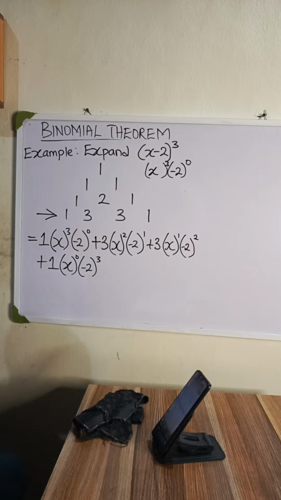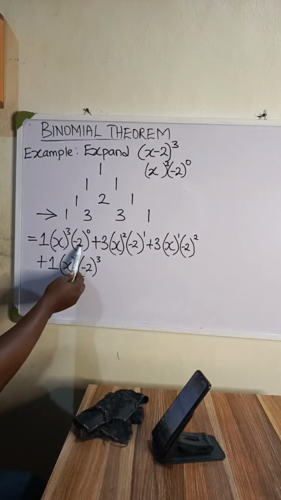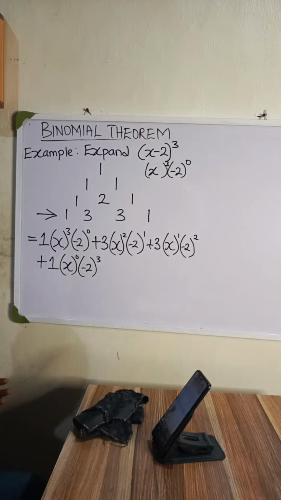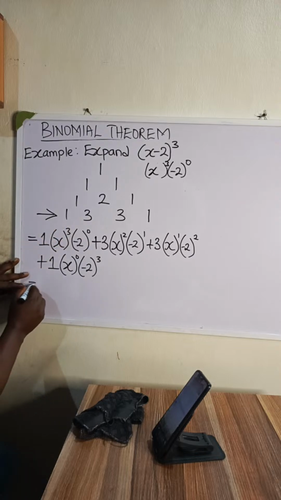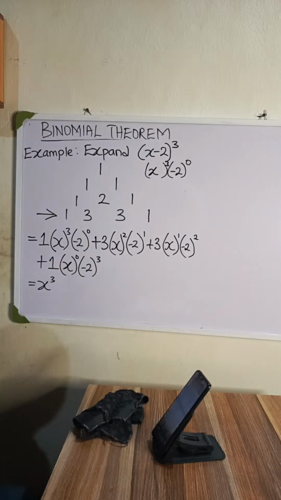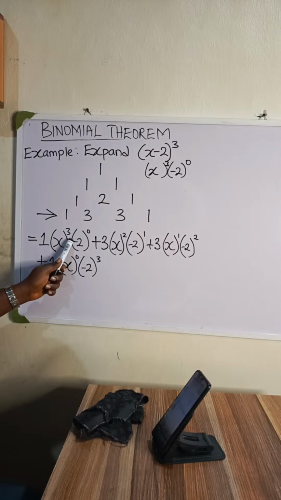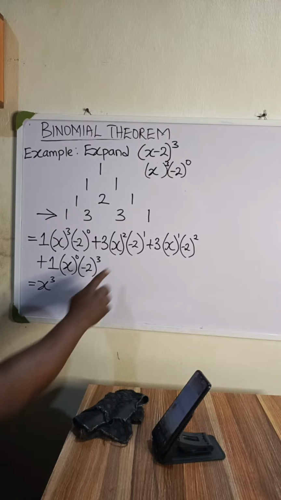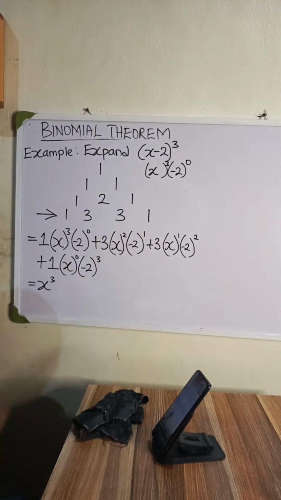So we know that anything raised to the power of 0 is 1. So that means minus 2 to the power of 0 is 1. So we can simply say 1 times x to the power of 3. And that will give you x to the power of 3. So we have simplified this, right? And then we have here minus 2 to the power of 1 is minus 2.